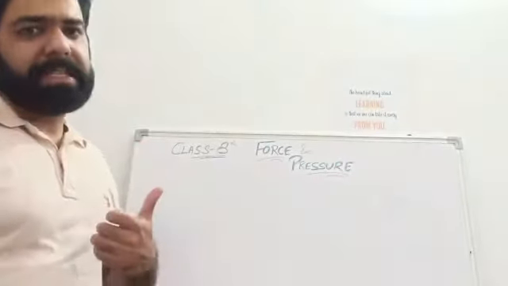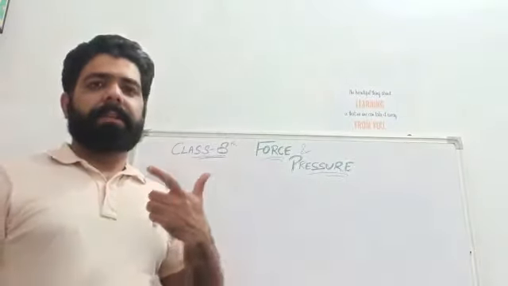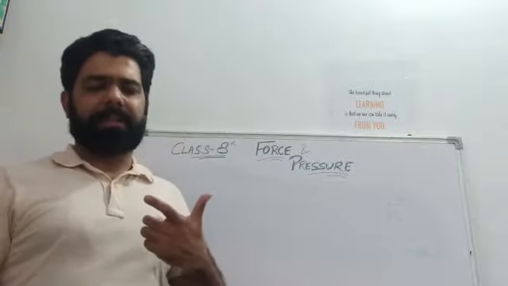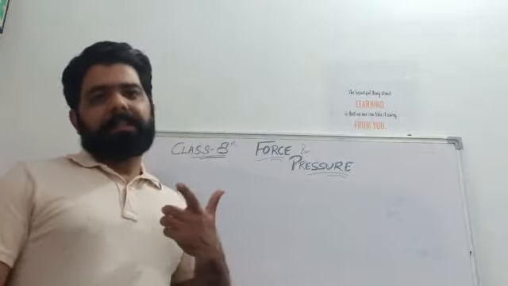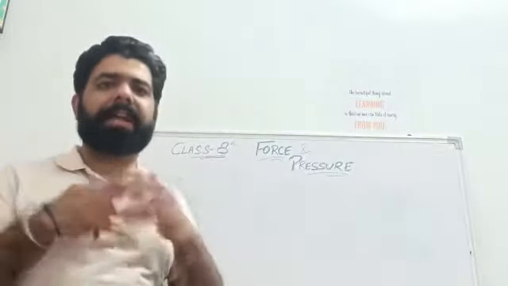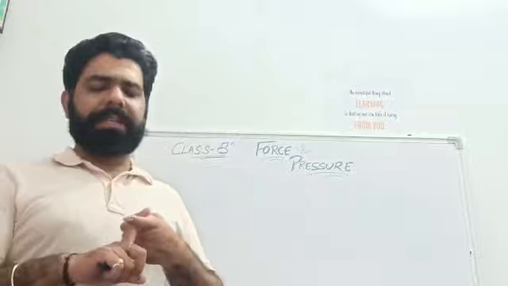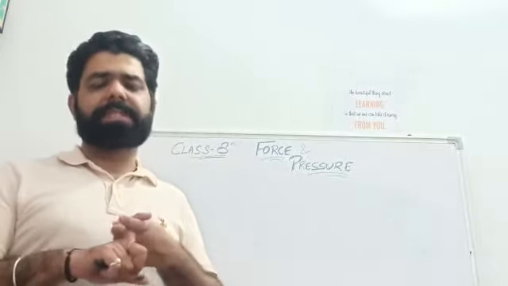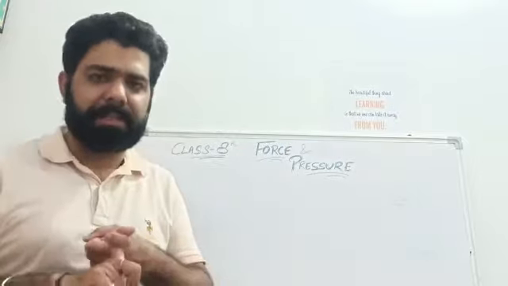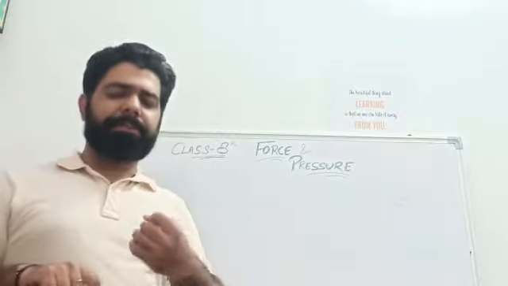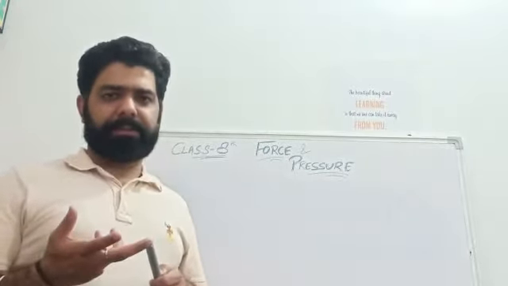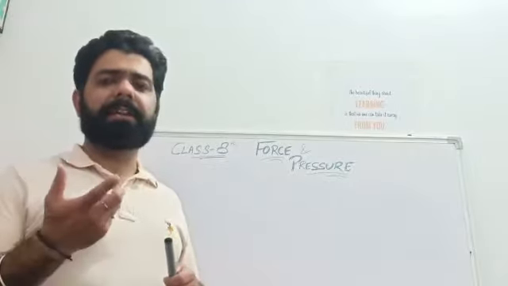Now the next topic of this chapter is force due to an interaction. Yes, it is an important topic. Basically, force always needs an interaction. Interaction means contact. Whenever force is applied on any object, it always needs a contact between the two objects. It means if I have to pull or push any object, I have to be in contact with that object.